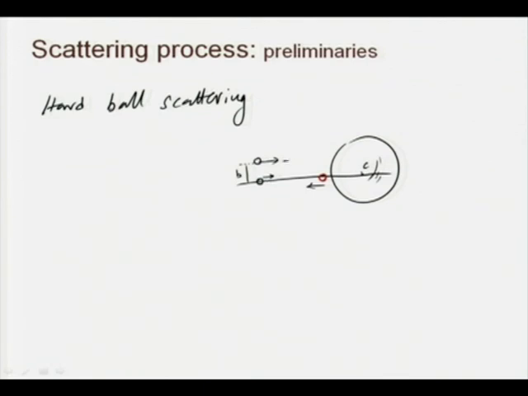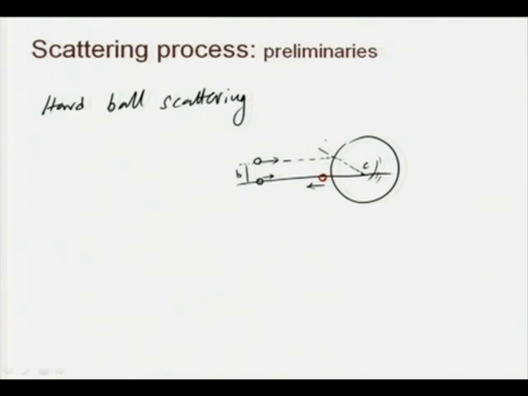Then what will happen is, at the point where the bead meets the ball, the normal, which for a sphere is the line joining that point and the center, makes an angle with the momentum direction.